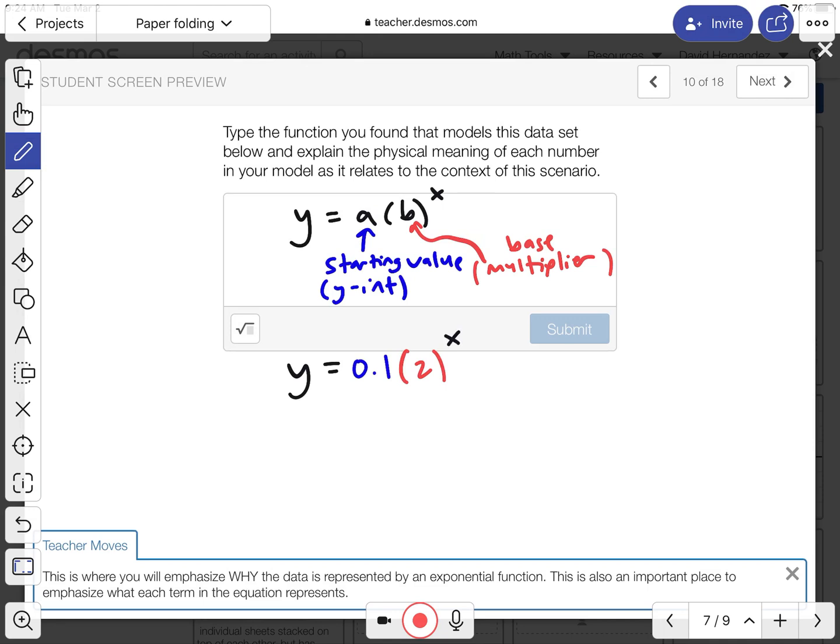And if you're explaining the meaning of each of these components, y, 0.1, 2, and x, in terms of the physical meaning, we already said that 0.1 was the thickness of one paper.